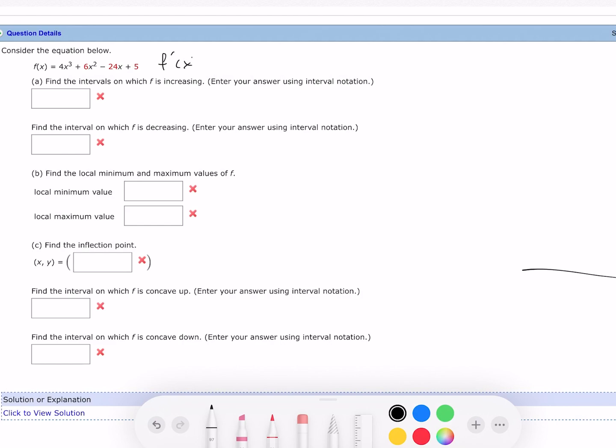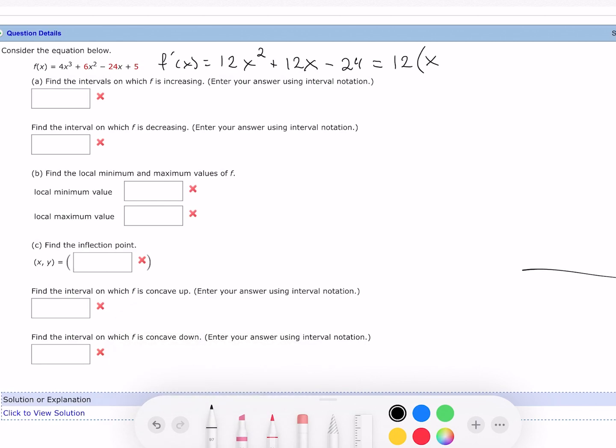F prime of x equals 4 times 3 is 12 times x, decrease the exponent by 1, plus 2 times 6 is 12 times x, decrease the exponent by 1, it becomes a 1, minus 1 times negative 24 is negative 24, decrease the exponent by 1, derivative of a constant is 0. Great, this is our first derivative. Let's also factor this like your author did. So let's factor out the 12.